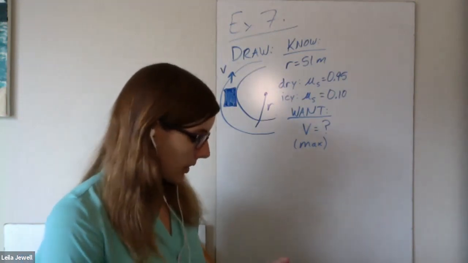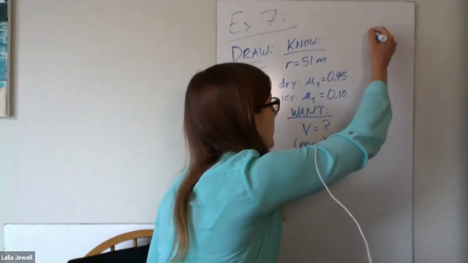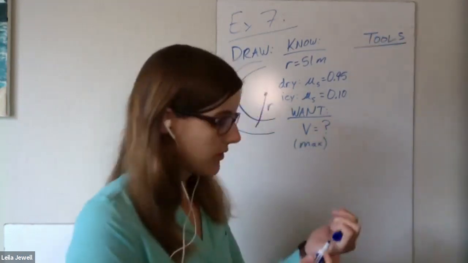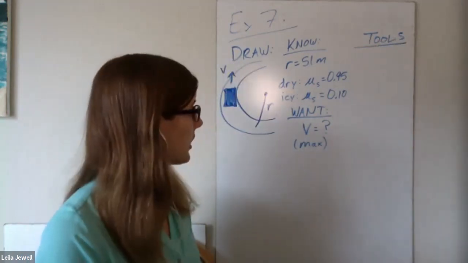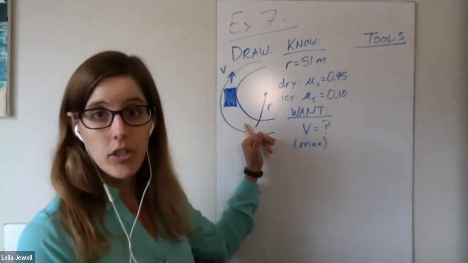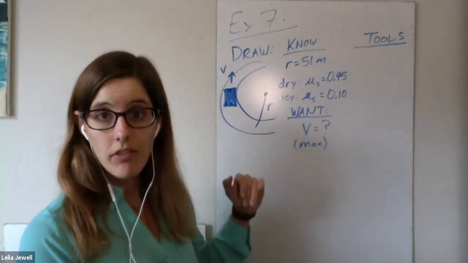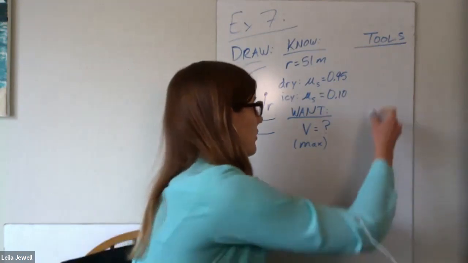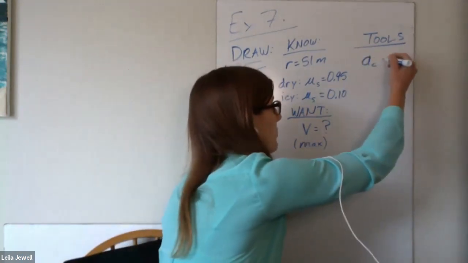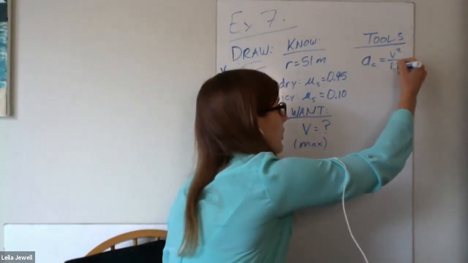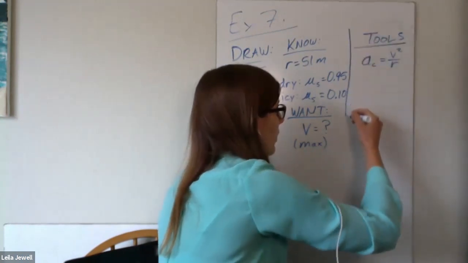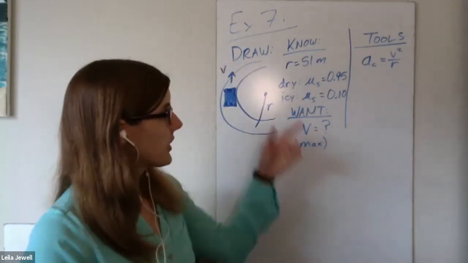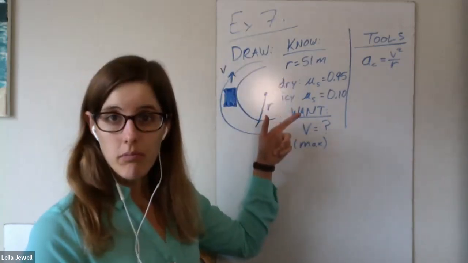Now we want to think about what tools we might have here. So as I'm thinking this through, first off, I notice I'm traveling in a circle. So if I'm traveling in a circle, I automatically should start thinking about my centripetal acceleration. So a sub c is equal to v squared all over r. What other tools might be useful here? Well, we noticed that they gave us coefficients of static friction.